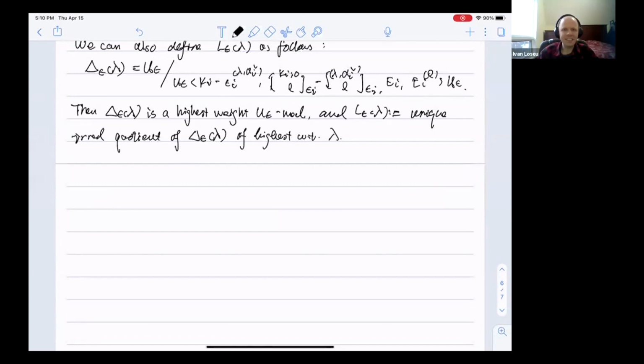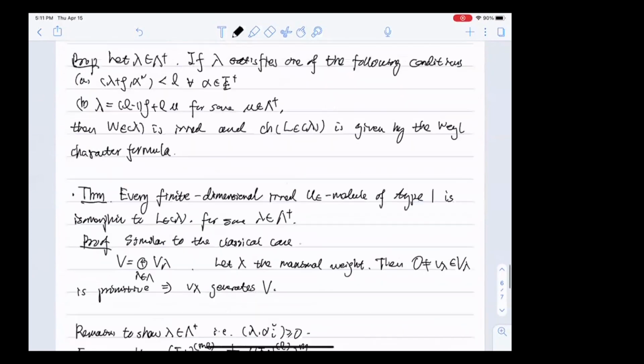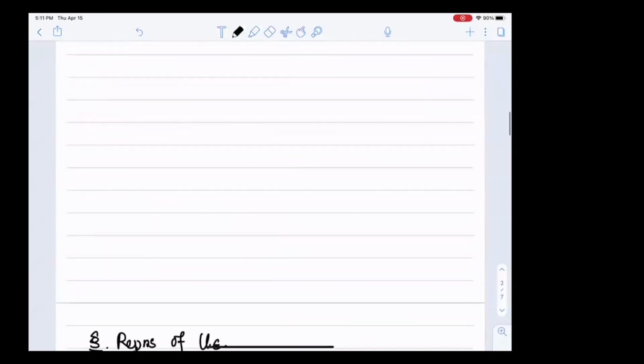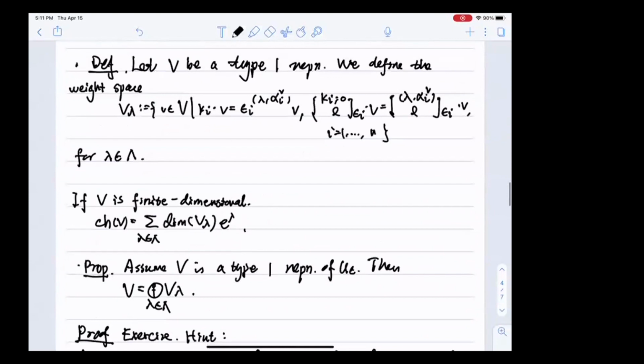More questions? Yeah, sorry. So in the proof, it seemed like one was using some sort of generators and relations presentation of the Verma module. Would you mind recalling what that is?